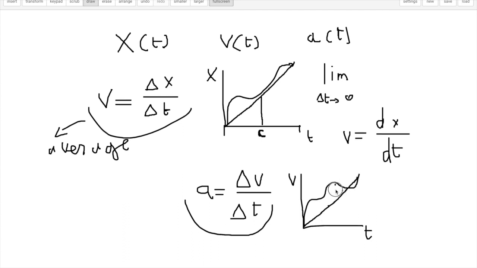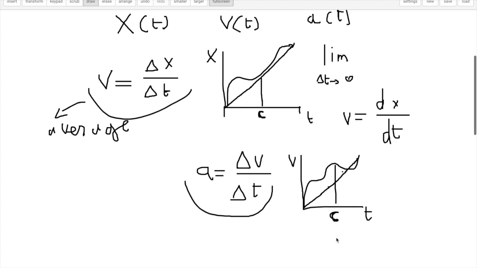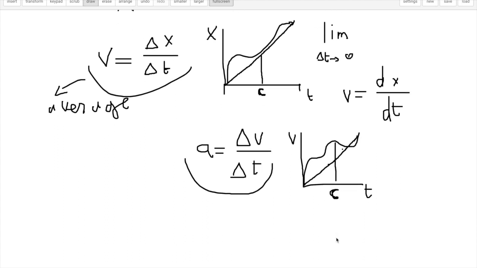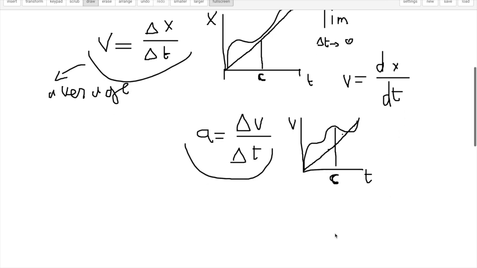However, if you wanted to find the acceleration at point C, over an infinitesimal period of time, you would have to take the limit as delta t approaches zero, so essentially the derivative.